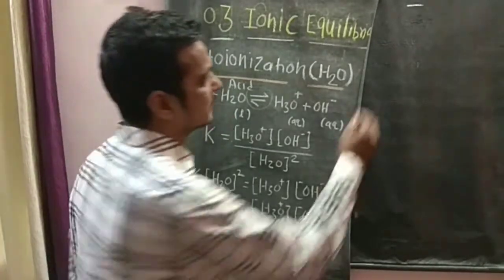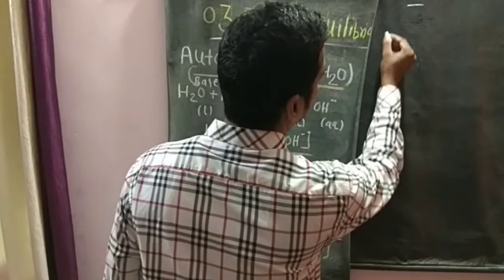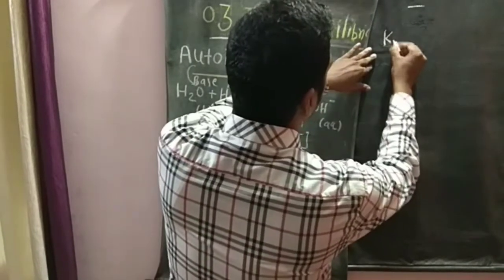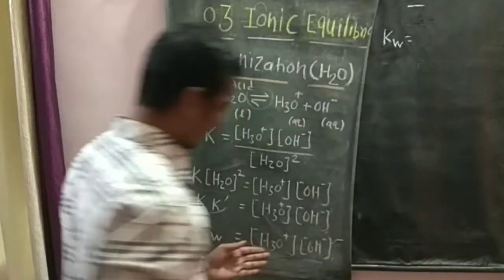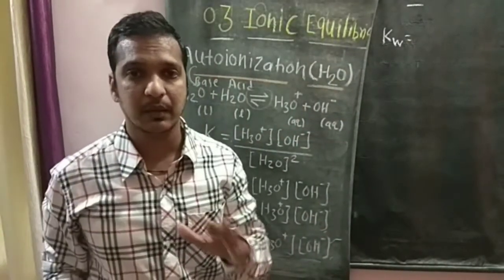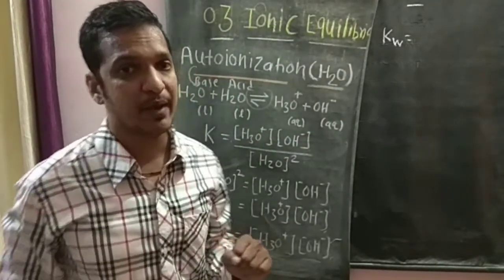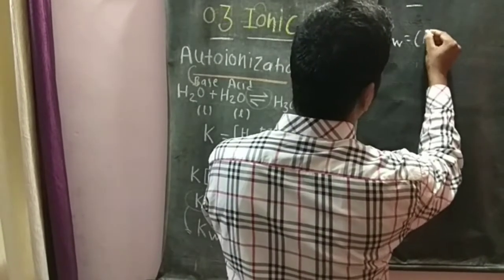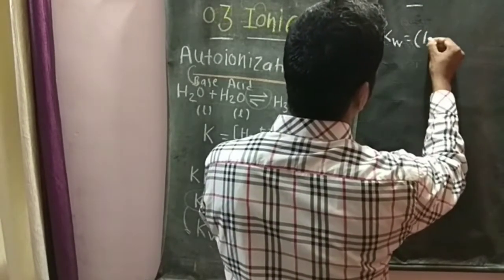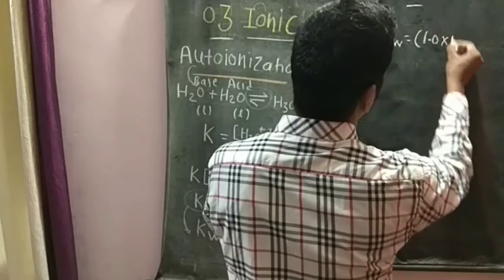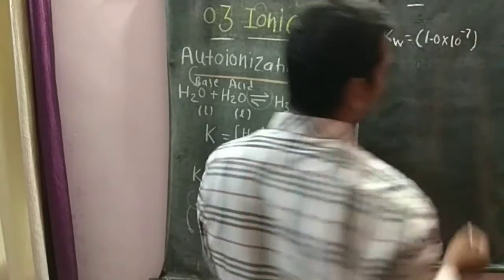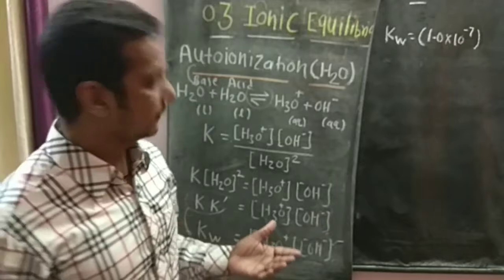So this equation becomes Kw is equal to the concentration of H3O plus, 1.0 into 10 raised to minus 7 mole per liter, into the concentration of OH minus, which will be the same, 1.0 into 10 raised to minus 7 mole per liter.